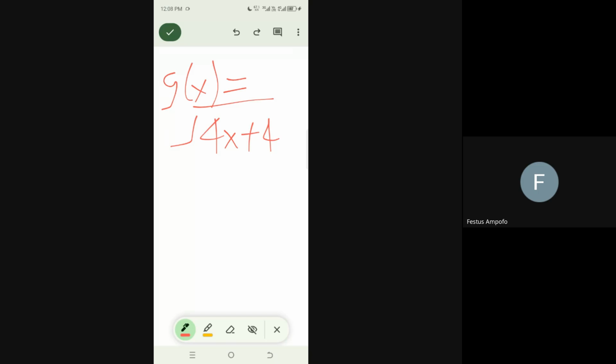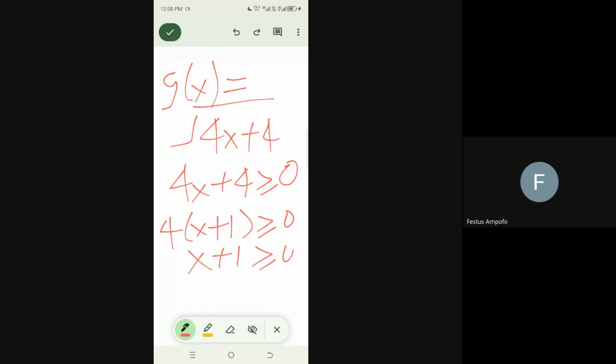If you want to find the domain, 4x plus 4 should be greater than or equal to 0. Then we can factorize 4 out, so let's focus on the x part: x plus 1 greater than or equal to 0.